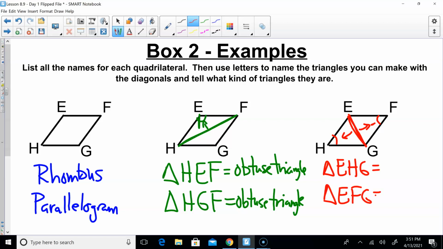If we look at both of those triangles, they are smaller, and this would be like 90 degrees right here, so that'd be an acute triangle. And the same holds true here: this would be 90, and we're not quite there, so we have another acute triangle. You can pause the video right now and write down this information to help you out.